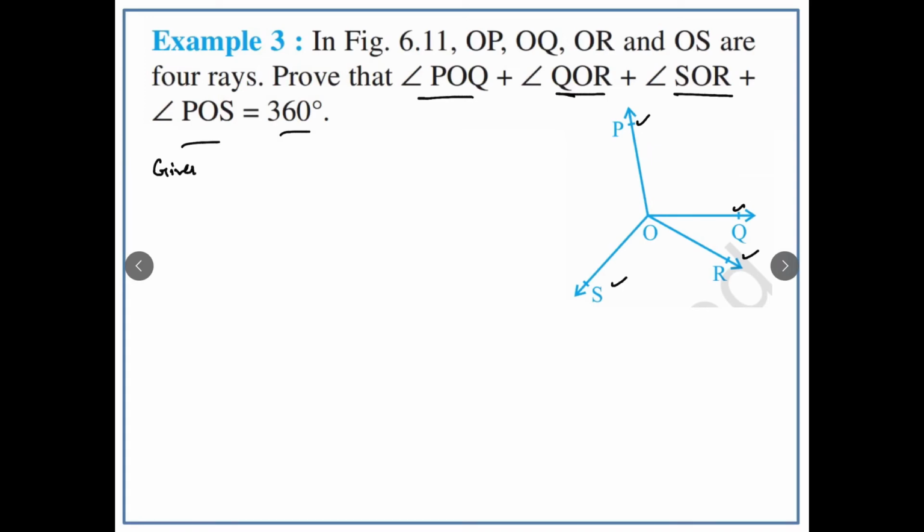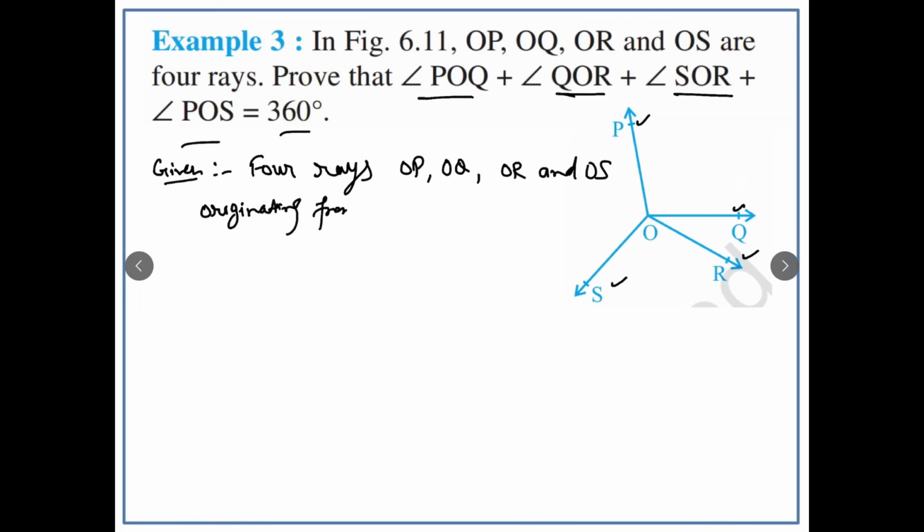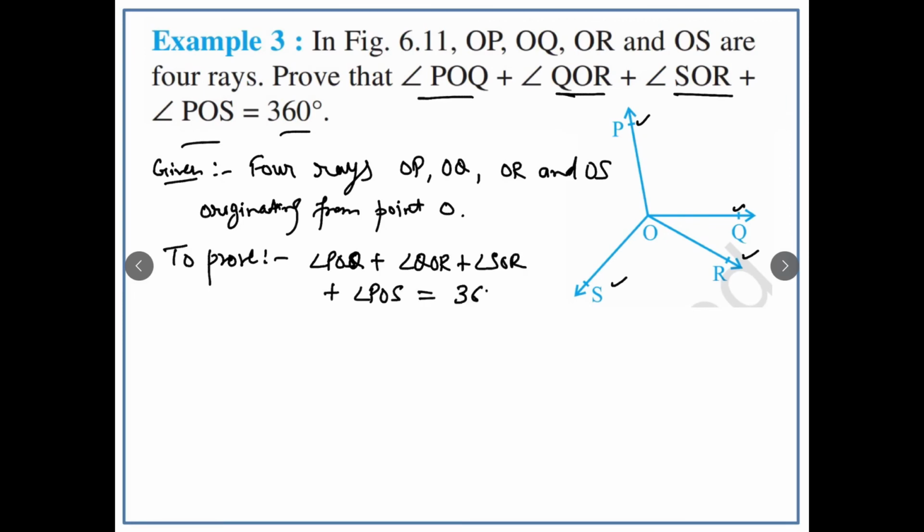First let's write the given part. Given are 4 rays which are OP, OQ, OR and OS, originating from point O. Okay, and we have to prove that angle POQ plus angle QOR plus angle SOR plus angle POS is equal to 360 degree.